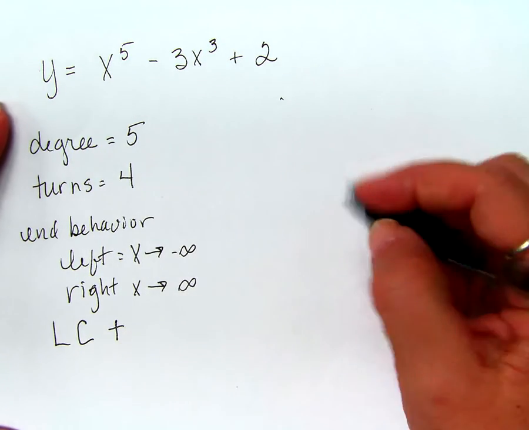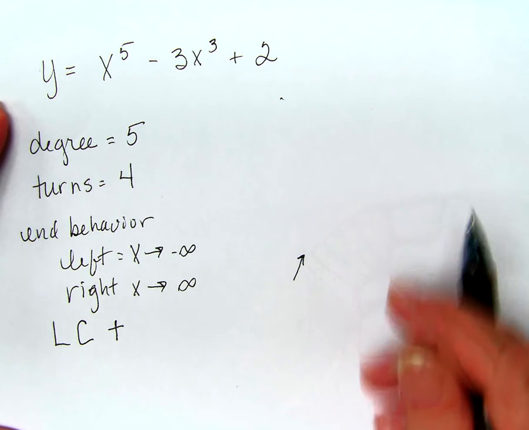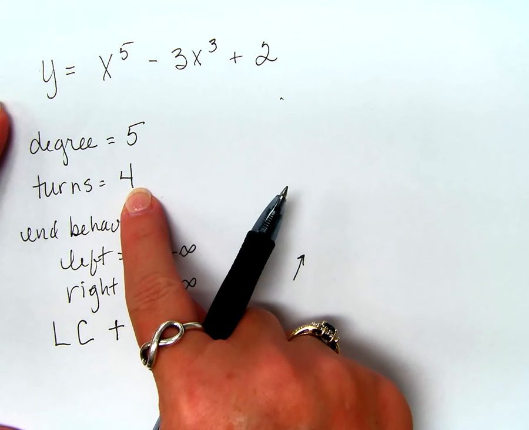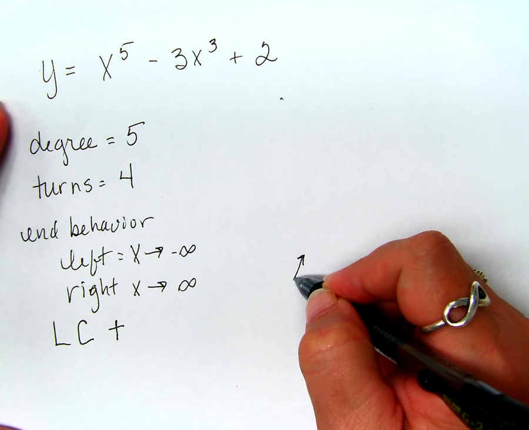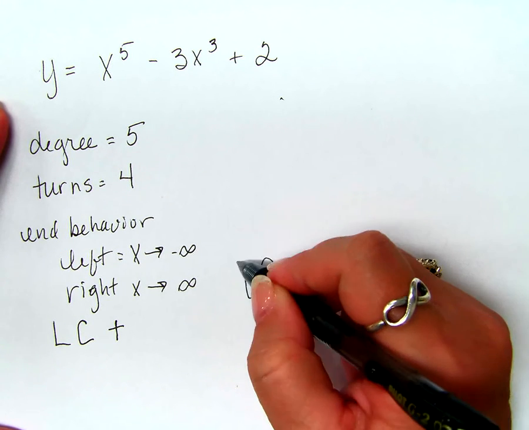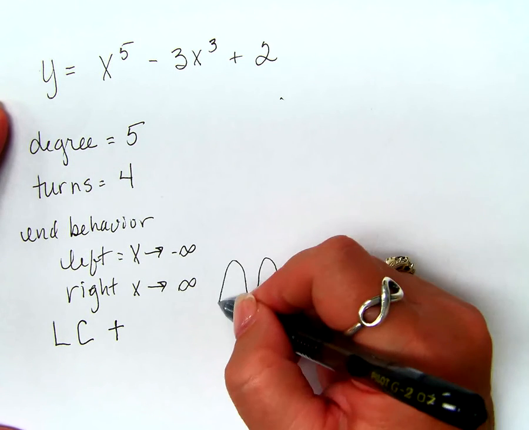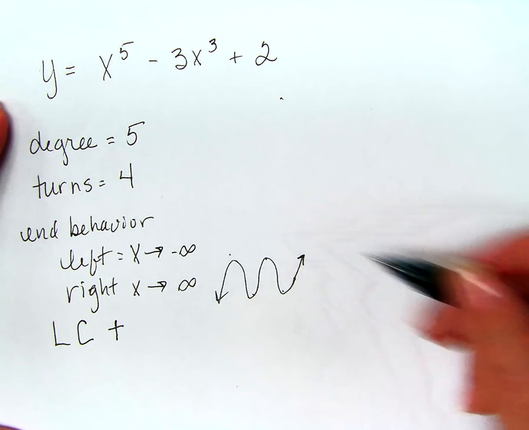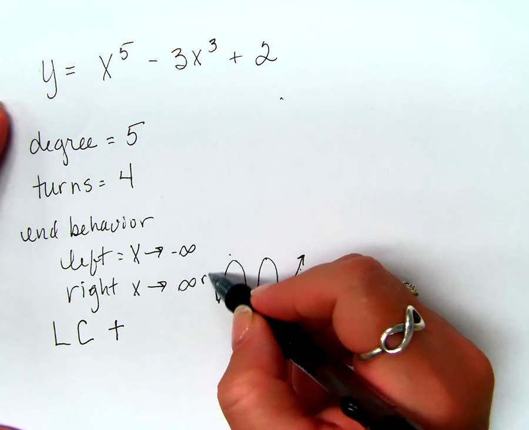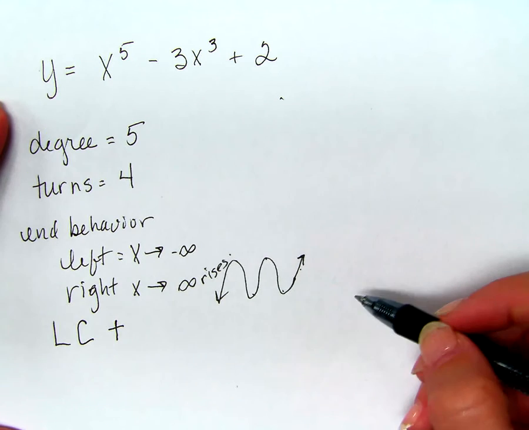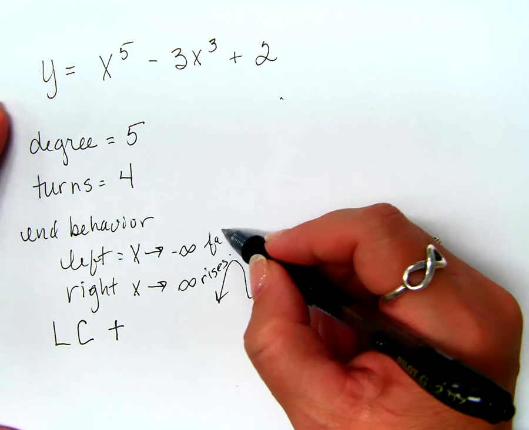So my leading coefficient is positive, so we know it rises to the right. How many turns is it going to have? At most 4, right? 1, 2, 3, 4 turns. So what's happening to the right? We said it rises. What's happening to the left? Falls.